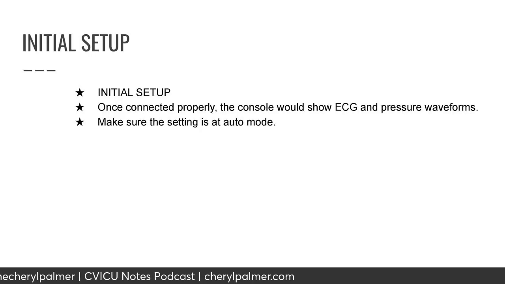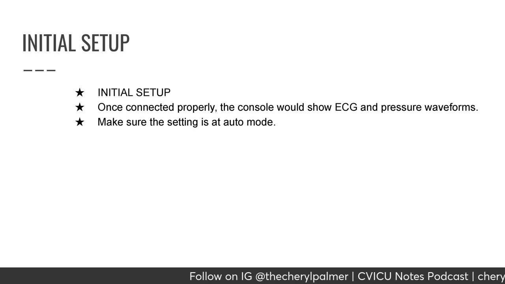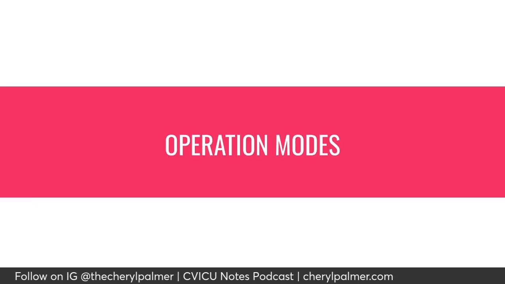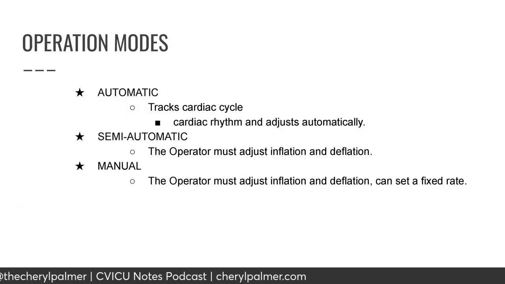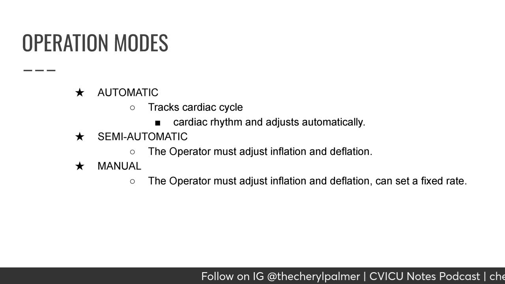The initial setup. Once connected properly, the console will show ECG and pressure waveforms. Make sure the setting is at auto mode. Operation modes. You have automatic operation mode, which tracks the cardiac cycle and cardiac rhythm and adjusts automatically.